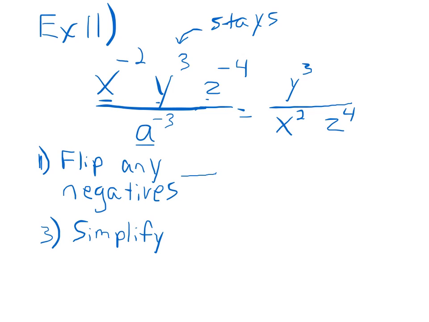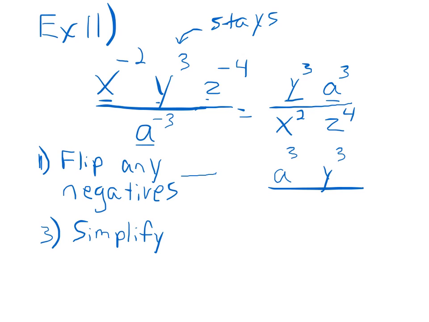Okay, this a to the negative 3, it was on bottom, so now I got to move it where? To the numerator. Okay, and once you move it to the numerator, it becomes positive. Now, you should always put things in alphabetical order. So I'm going to rewrite my fraction. What comes first in the alphabet, A or Y? I'm not even going to give you any time to think about that.